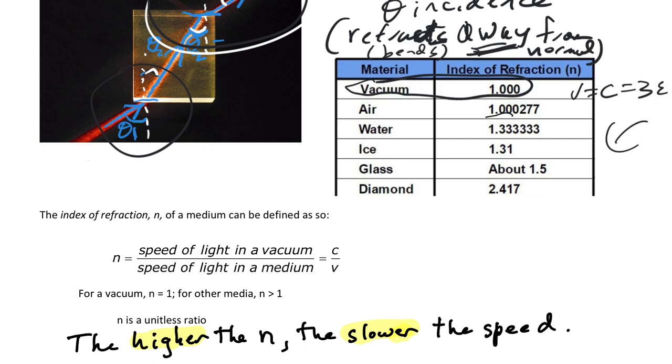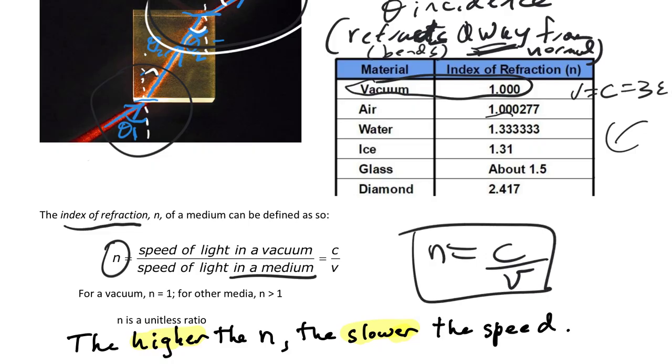So here's the equation for something called the index of refraction, and it's given the symbol little n. Again, we've used little n for the number of harmonics, so don't think of that. So n is equal to the speed of light in a vacuum divided by the speed of light in the medium that has that n.